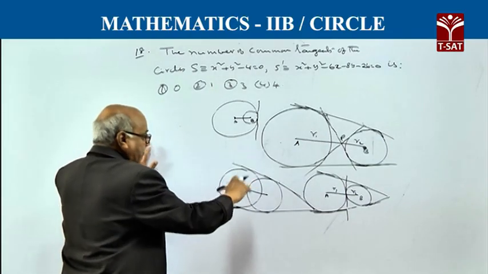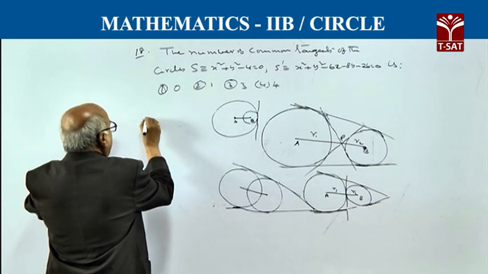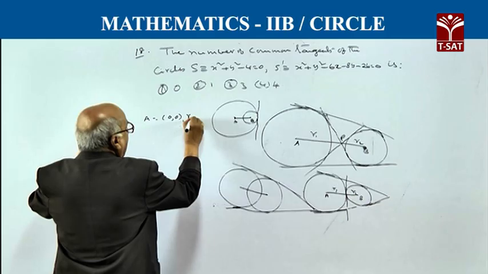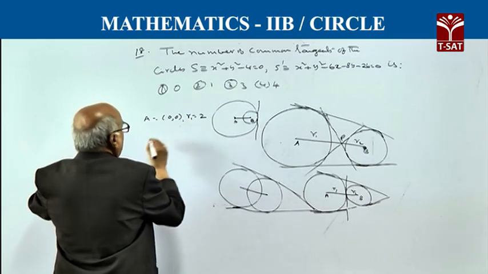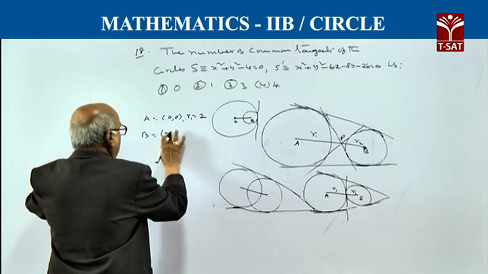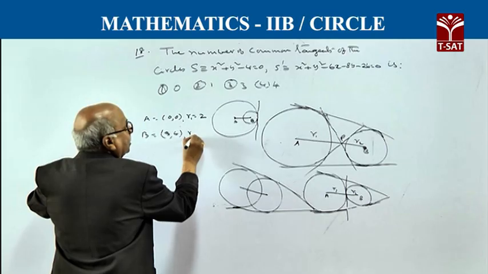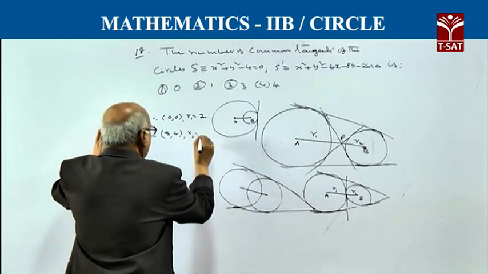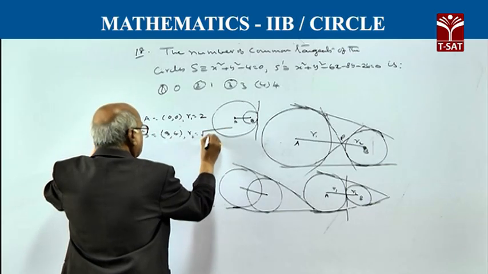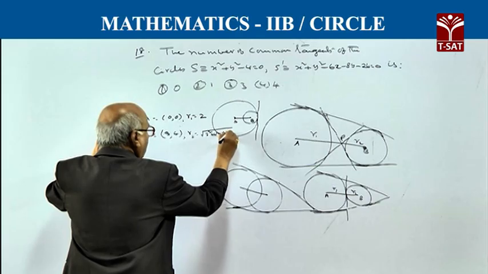So, these are the cases actually, but now we will see that A is equal to (0, 0) and R1 is equal to 2, B is equal to (3, 4) and R2 is equal to square root of 3 square plus 4 square plus 24.